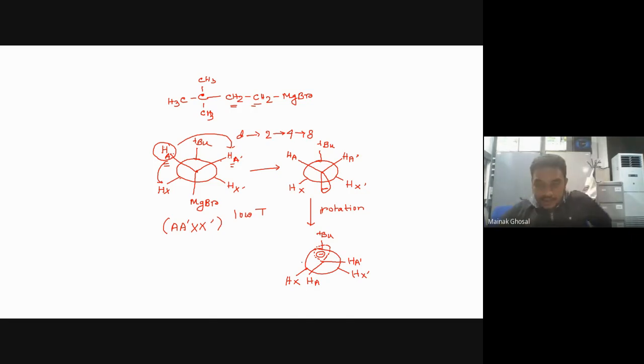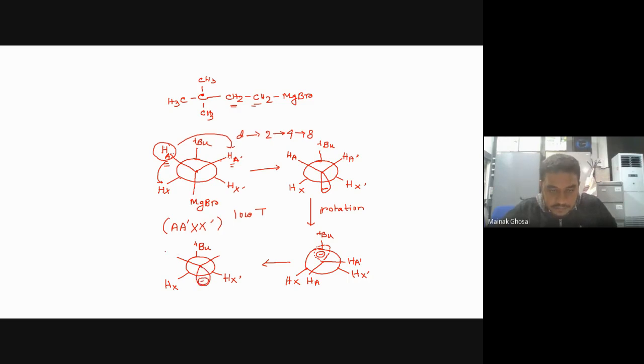Now again rotation, that means if it keeps on rotating, you will end up like this. It's a very spontaneous process, it will happen automatically. So it's Hx prime, and you will have carbanion like things here.